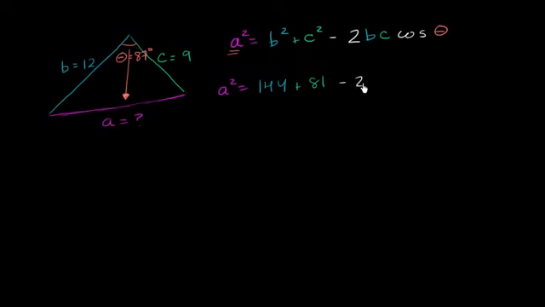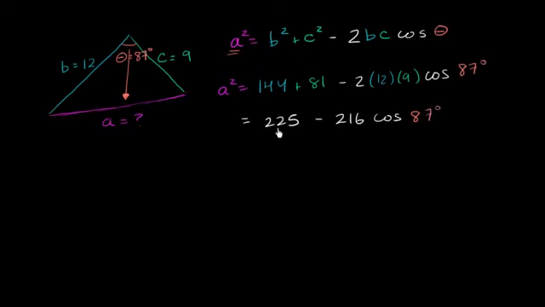I'll just write it out: minus 2 times 12 times 9 times the cosine of 87 degrees. And this is going to be equal to, let's see, 225 minus, 12 times 9 is 108, 108 times 2 is 216, minus 216 times the cosine of 87 degrees.